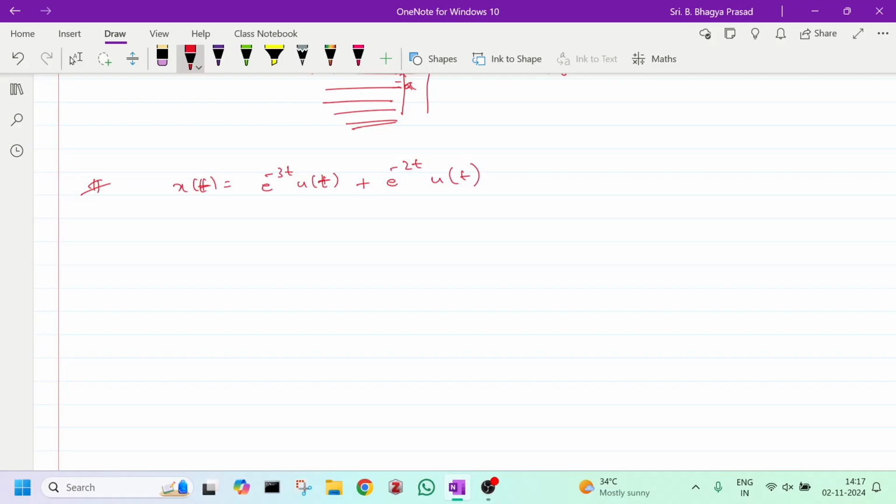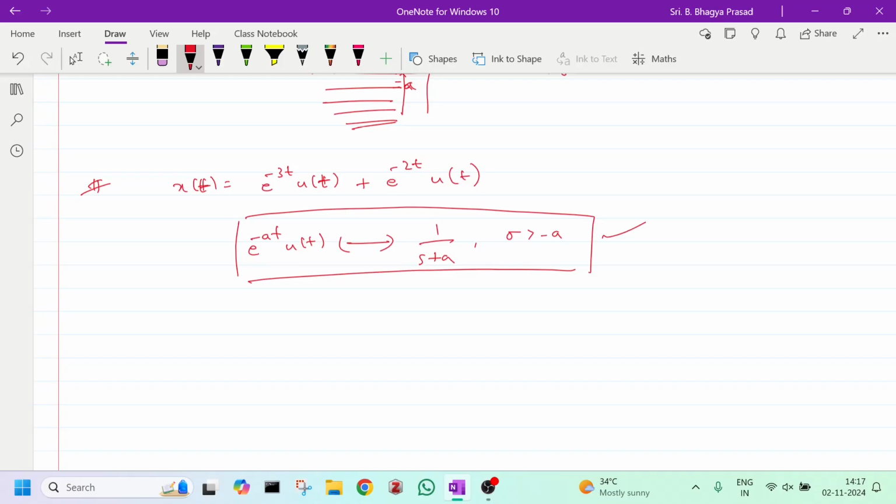Okay, so as we know, you have a standard transform pair: e power minus at u of t transforms to 1 by s plus a, sigma greater than minus a. So we use this transform pair.